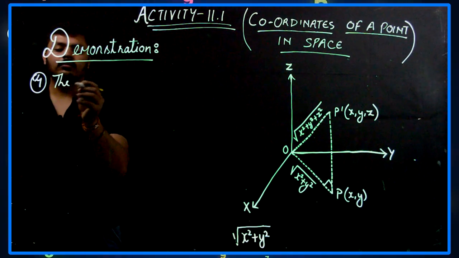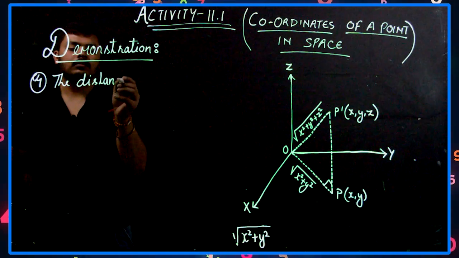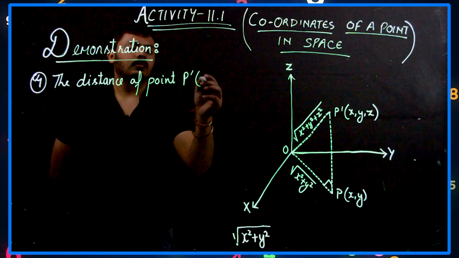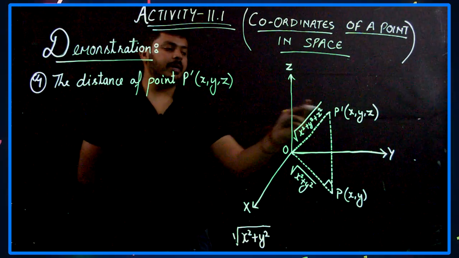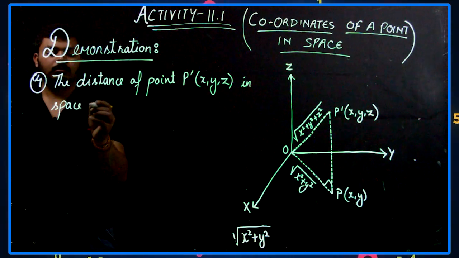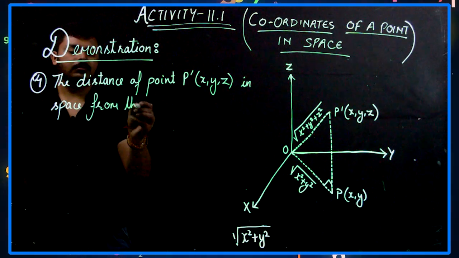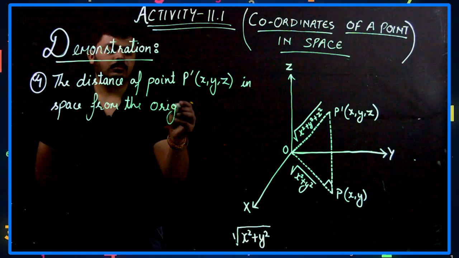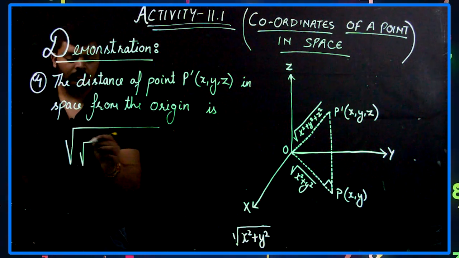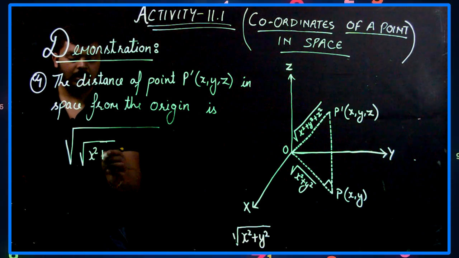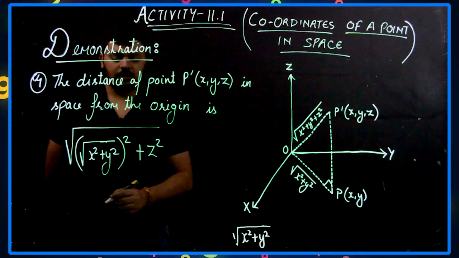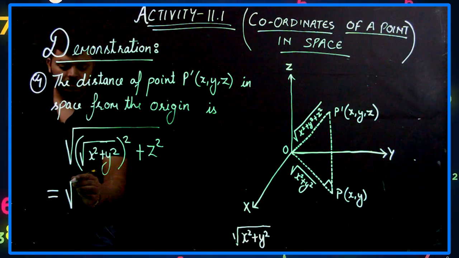So the distance of point P dash, which is the point in space, from the origin is under root of x square plus y square, whole square, plus z square, which is equal to under root x square plus y square plus z square.